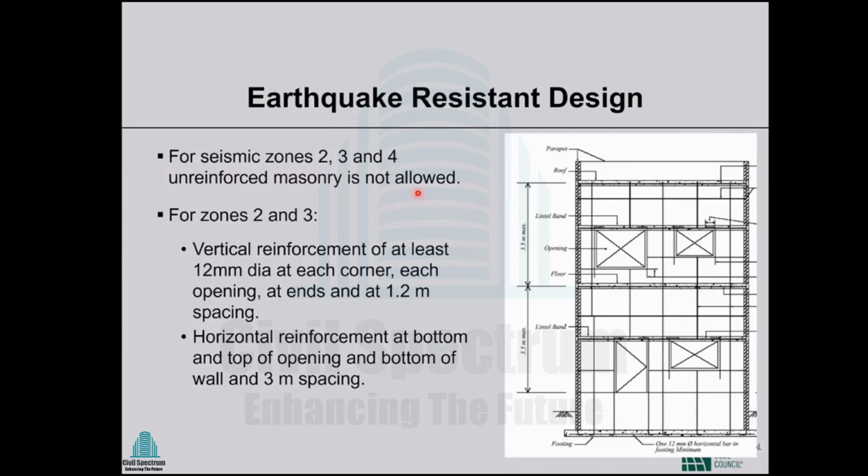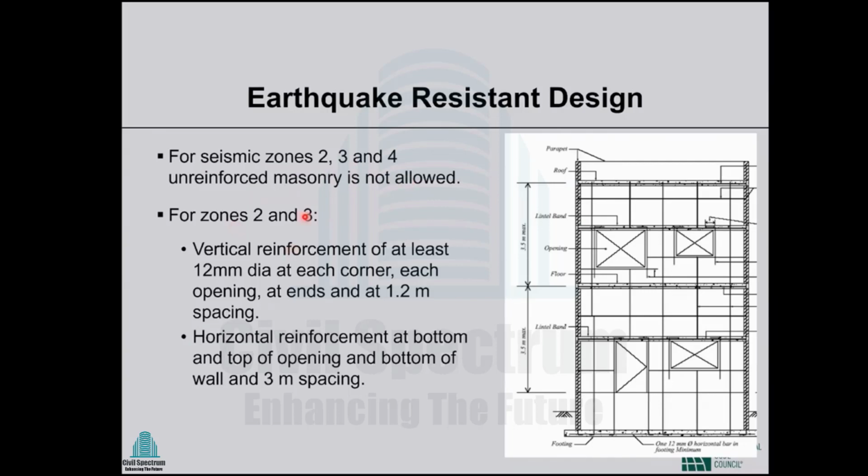Do you see quite often reinforced masonry, where steel reinforcement is used inside bricks? You don't see, right? So RM is basically non-existent in Bangladesh. But URM is the most commonly used method of masonry construction, and that is actually forbidden this time for zones 2, 3, and 4. Only in zone 1 that is allowed.